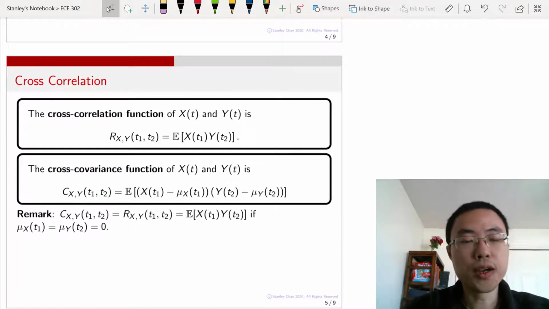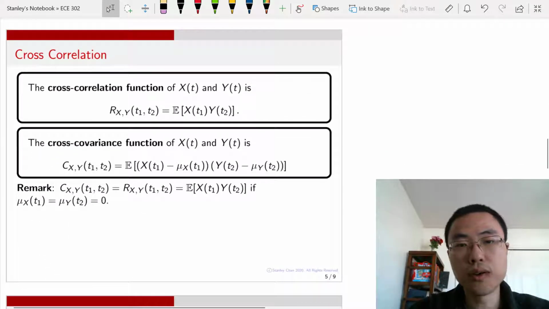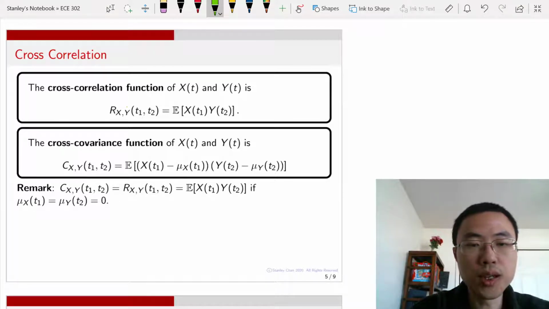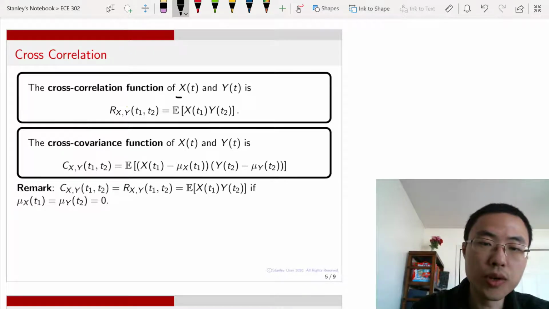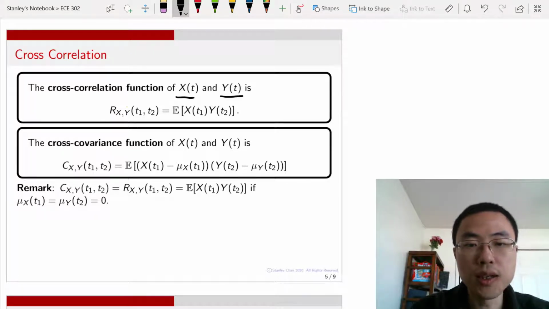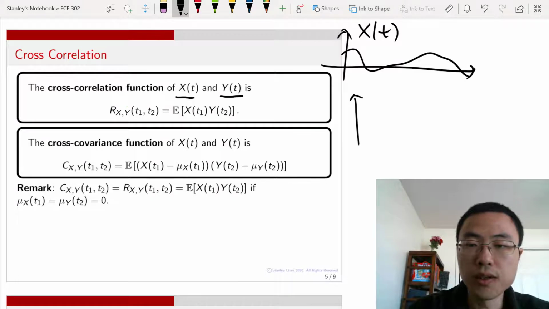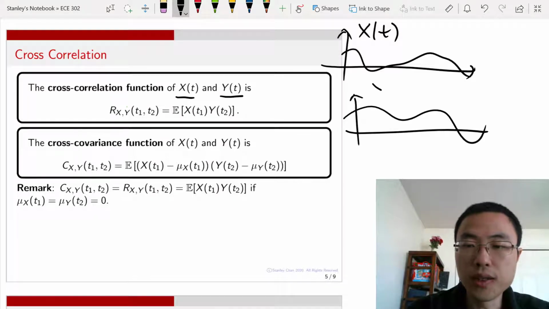We can also define a thing called the cross-correlation function, where we change the variable. Instead of looking at x and x at t1 and t2, you can actually look at a pair of different random processes. So here your random processes are x(t) and y(t). You can have x of t here, which is this function, and then you have y(t), which is another function.